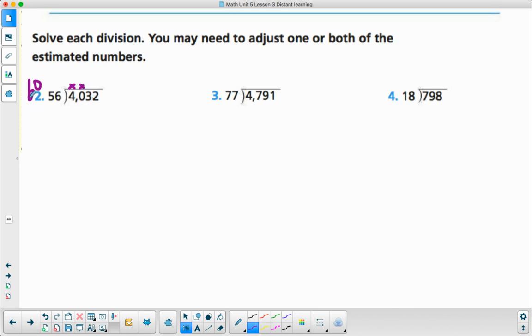How many 6s in 40? Well, 7 times 6 is 42, so 7 would be too many. There would be 6, because 6 times 6 is 36. So I think there's 6 56s. 6 multiplied by 50 is 300. 6 multiplied by 6 is 36. I get 336.